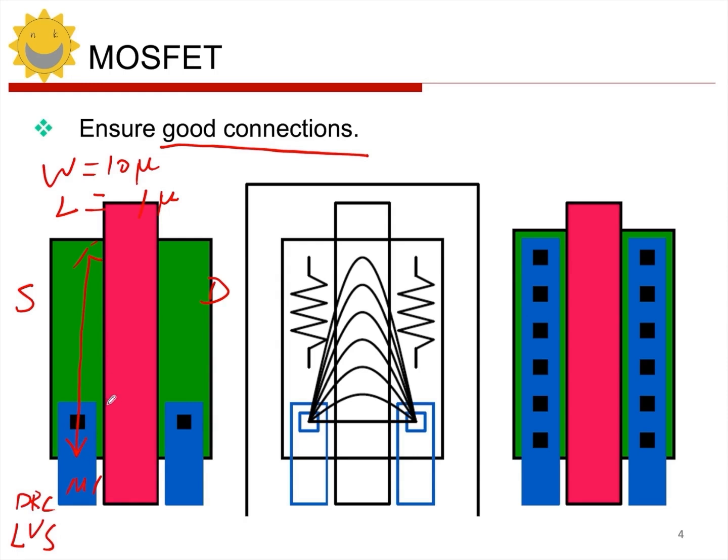The LVS check will also be fine, because it is indeed connected. But we need to be aware that this kind of connection is very unreliable. Why? Because the source drain region, although the entire area is connected, is connected through doping, which has relatively high impedance. If we use this as a switch and pass a current through it, flowing through this transistor and out from here, what phenomenon will occur? The area with the metal connection has lower resistance, while the resistance increases as you go deeper in.